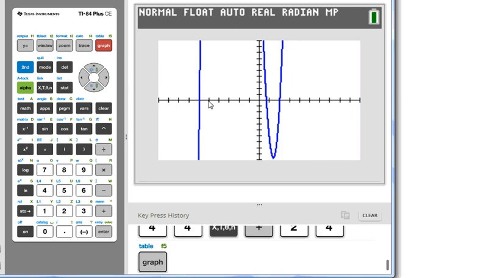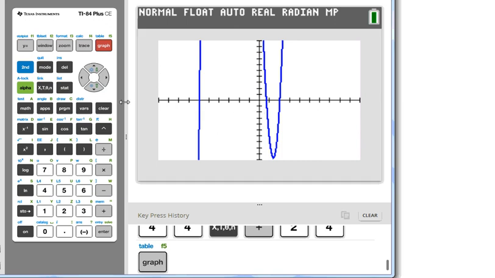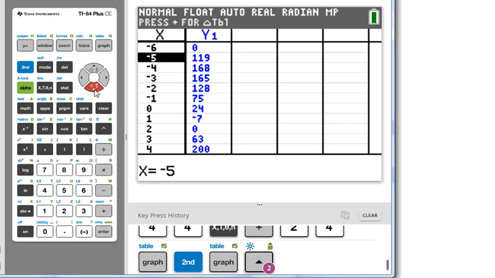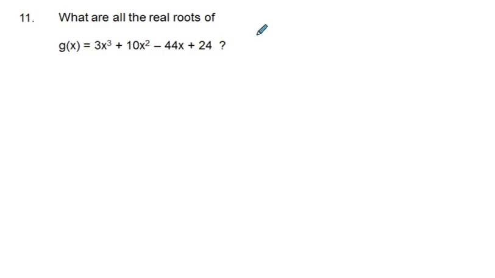Okay. I see 3 right here. Or what they're saying, what are the real roots? Well, looks like 2 of them are right on the line. So we have at -6 and at 2. So x equals -6, x equals 2. We know those are 2 of our real roots.